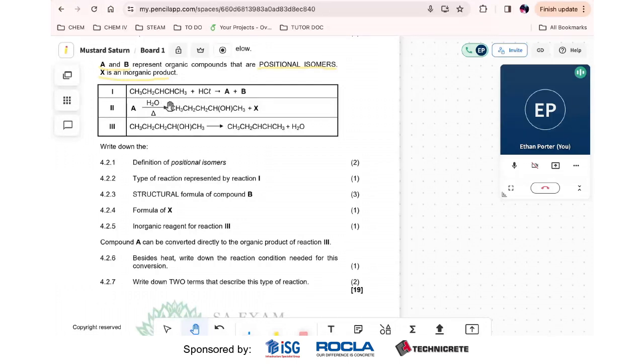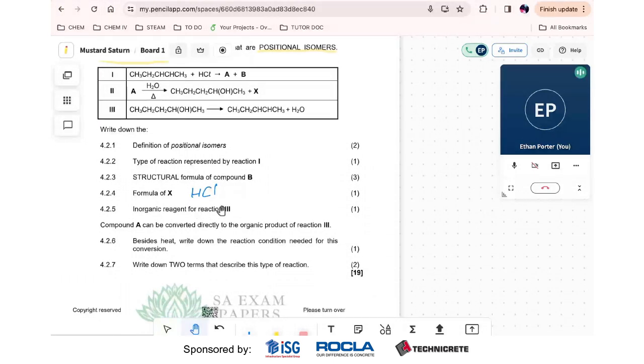This triangle just means heat, and then we basically substitute the Cl for the OH. Essentially, we're going to regenerate HCl. So you don't have to work through this. You should just be able to see that from this reaction, we're going to regenerate HCl. So the formula of X is simply HCl. We're going to regenerate the acid.